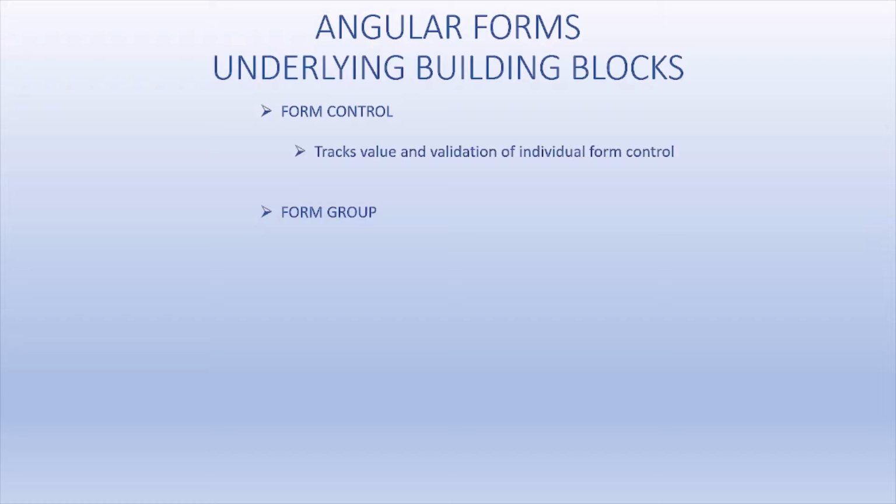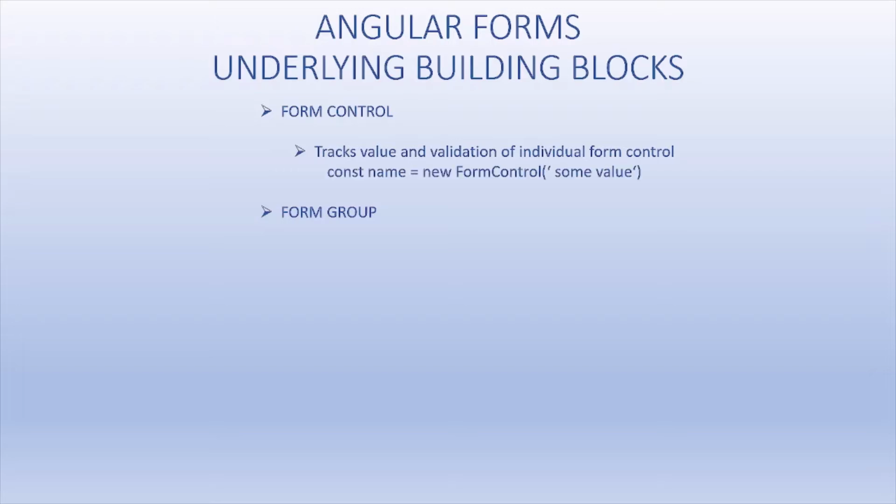The form control allows us to track the value and validation of an individual form control, right? So, for example, if you have a first name form control, that would allow us to track the value and validation of first name. Similarly, an email ID form control would allow us to track the value and validation of email ID.